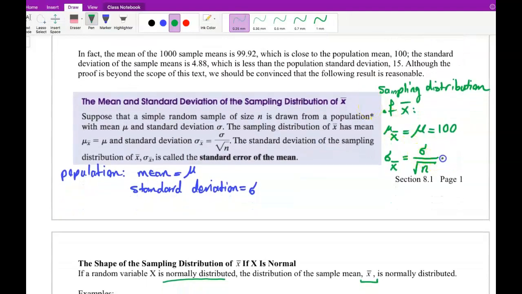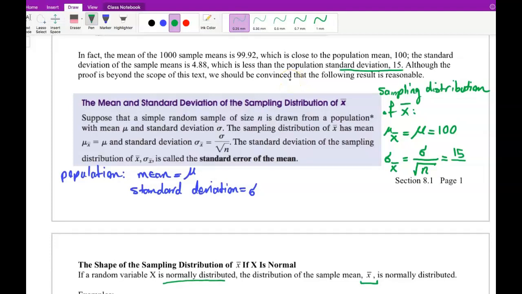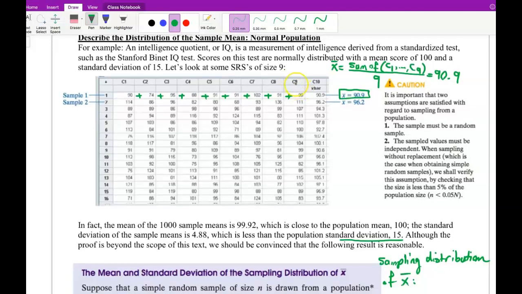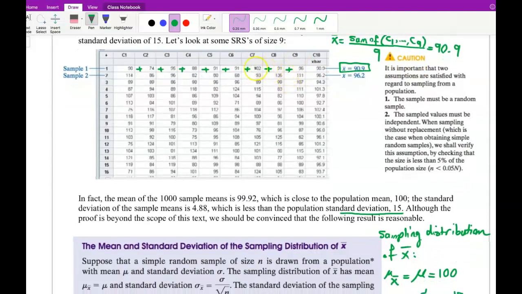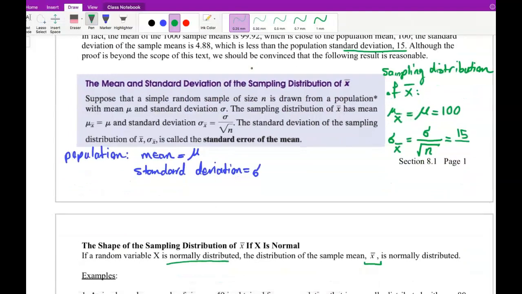On this part, the standard deviation for the sampling distribution: the standard deviation for your population is 15, and our sample size is equal to 9, based on what we have on top. For each row we have 9, that's why the sample size is 9, so square root of 9.